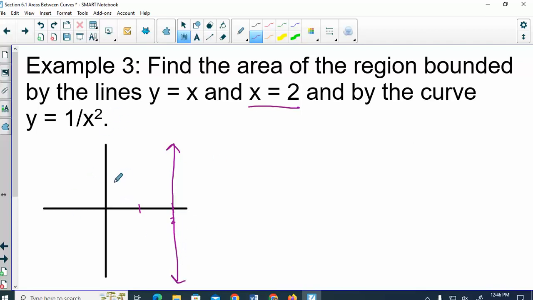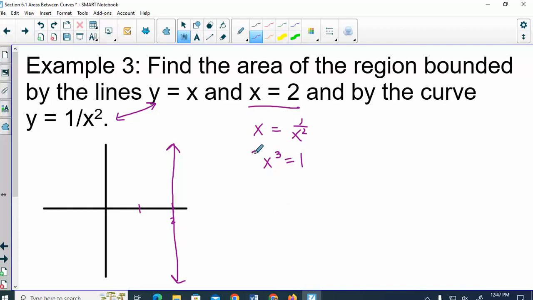But did I give you where we're starting? Did I give you the other x value? So what should I do with these two things? Set them equal to each other so I can find out where they meet. So I need x to equal 1 over x squared. Multiply over your x squared, so you get x cubed equals 1.